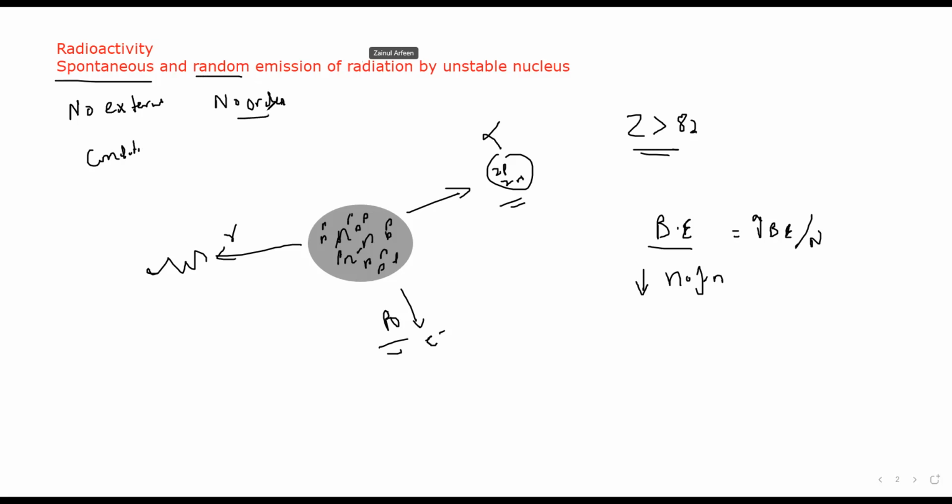There is no order like first the radioactive element emits alpha, then it emits beta, then the third one it can emit gamma, or it can again emit alpha. And spontaneous means external factors such as temperature, pressure, and the state of the substance do not affect the emission of these radioactive radiations.